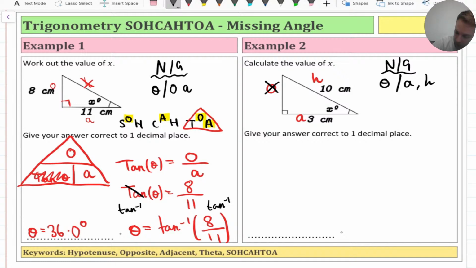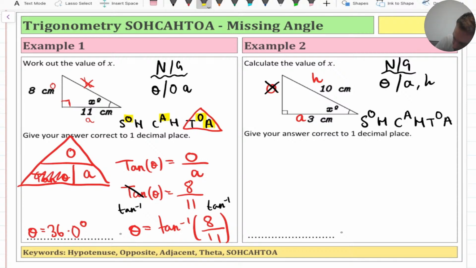So then I write down my word, which is SOHCAHTOA. And I highlight everything which is in my need and got list.